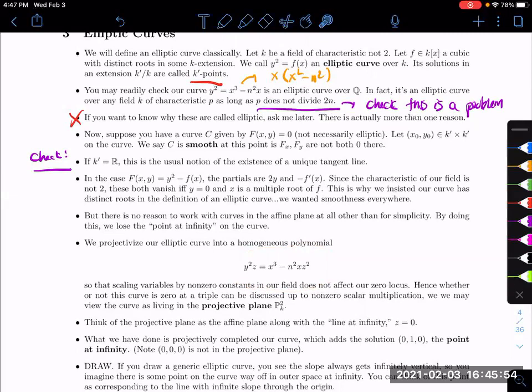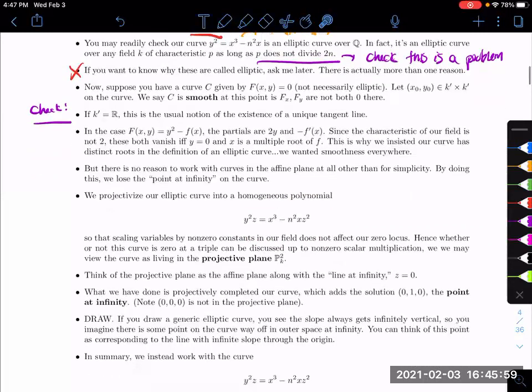You gain the point at infinity, which is the triple 0, 1, 0. You will see that that satisfies this, okay? And that point is called the point at infinity, okay? And I just want you to note that 0, 0, 0 doesn't live in the projective plane. If we're viewing this as projective, that means it lives in the projective plane.